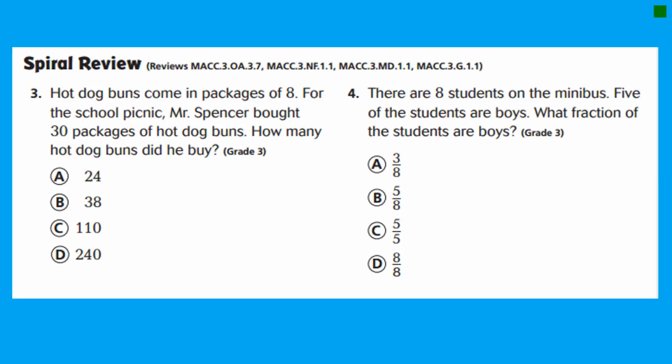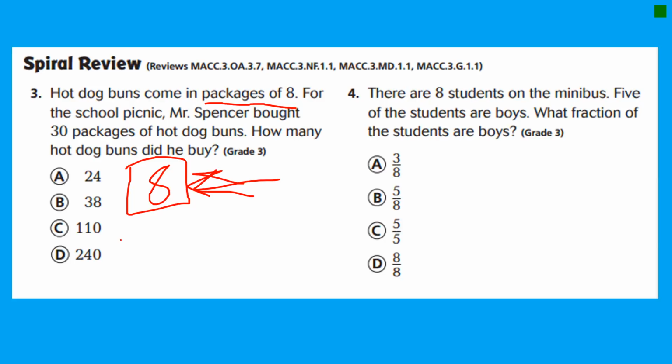Hot dog buns come in packages of 8. Okay, that seems like I'm going to have to remember that. There's a package with 8 in it. For the school picnic, Mr. Spencer bought 30. Okay, so Mr. Spencer bought 30 of those. That's supposed to be an arrow. Okay, Mr. Spencer bought 30 of those hot dog buns.